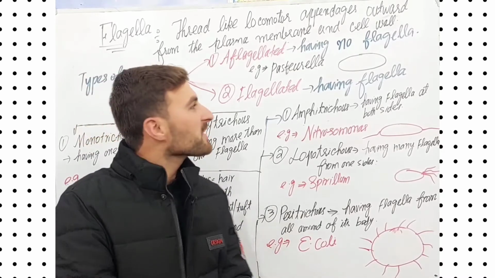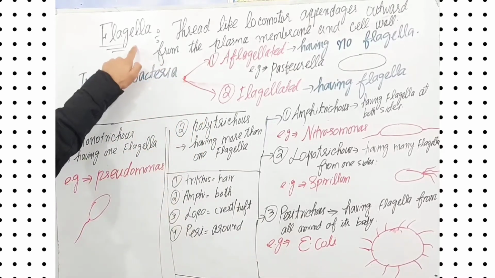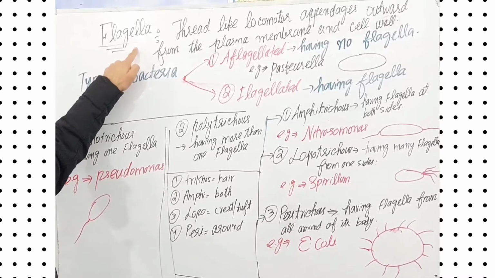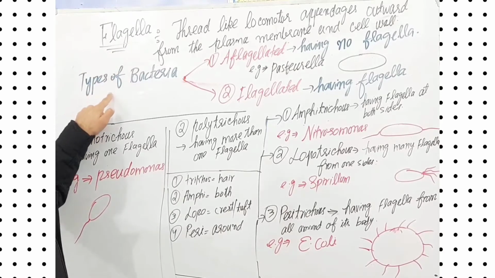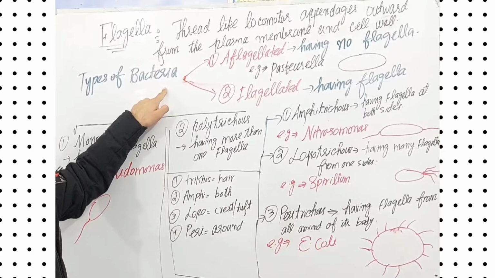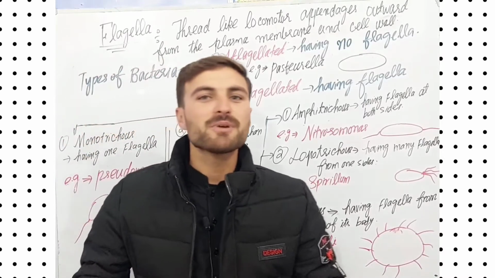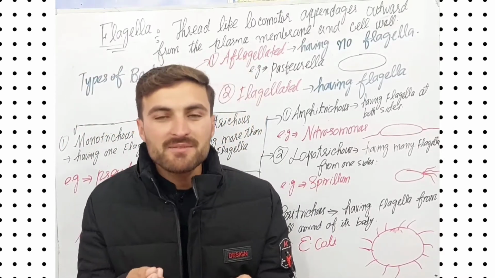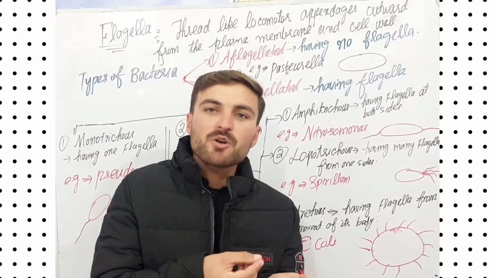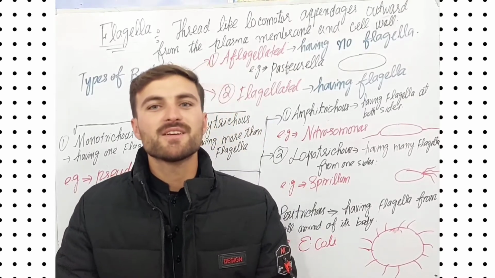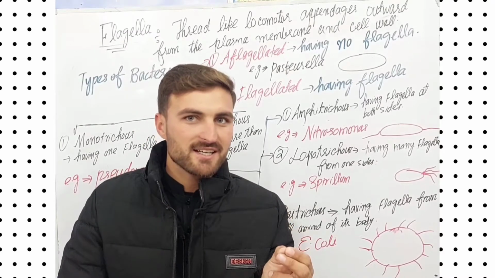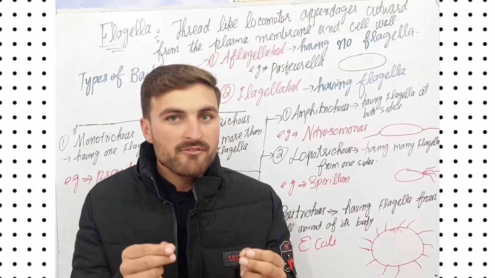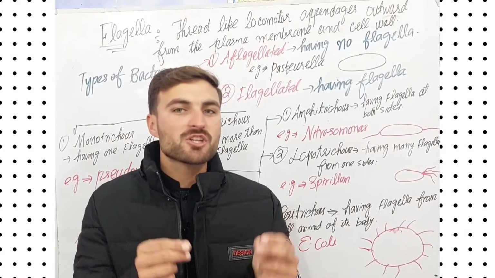In this lecture, I am going to discuss the flagella. We will know what the flagella are. After discussing the flagella, we will discuss the types of bacteria. What does it mean? It means whether a bacterium has flagella or doesn't have flagella. And then if a bacterium has flagella, how many flagella are there in a bacterium?